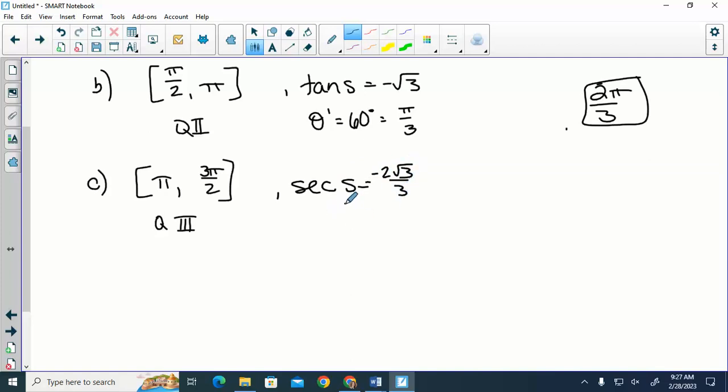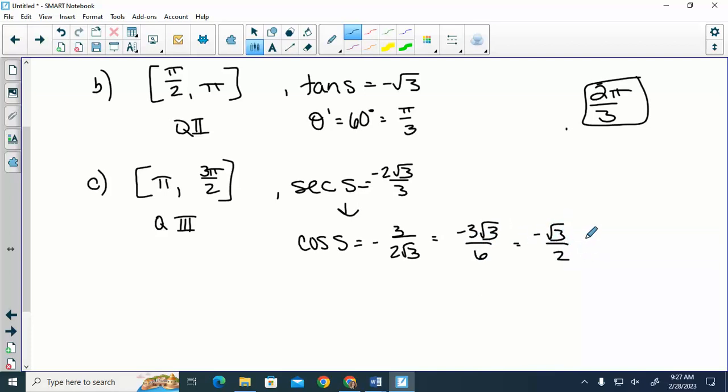Okay, we're not as familiar with secant and cosecant, but we know secant is the reciprocal of cosine. So if I flip this, get your radical off the bottom, and that's negative radical 3 over 2.